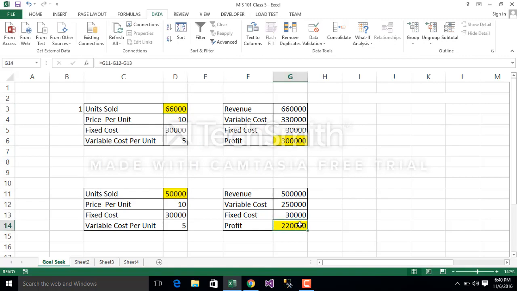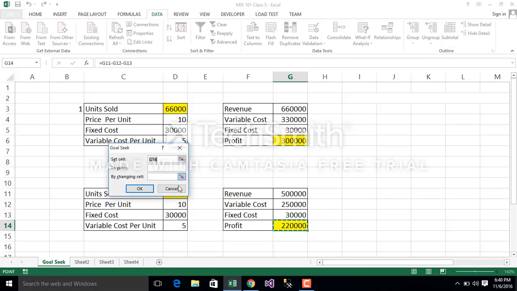Then another thing we can do is increase price. At the same time, our goal is profit of 3 lakhs. Then how?